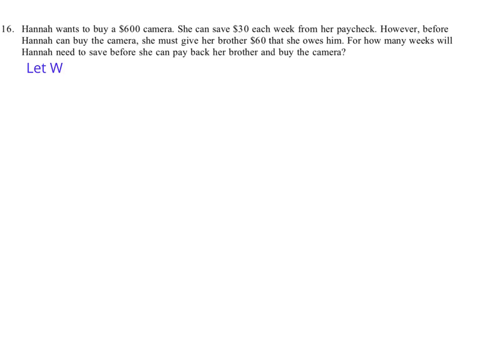Let W equal number of weeks Hannah saves money. Okay, that just saved me a little bit of time writing that out. It's a little neater. So now we know what the variable is. It's W, and we know what we're finding when we do it.